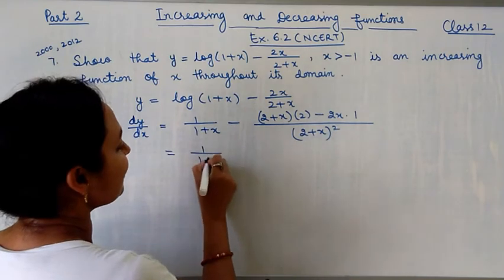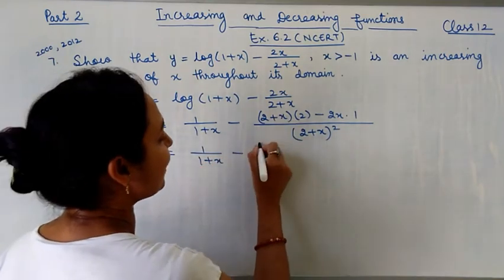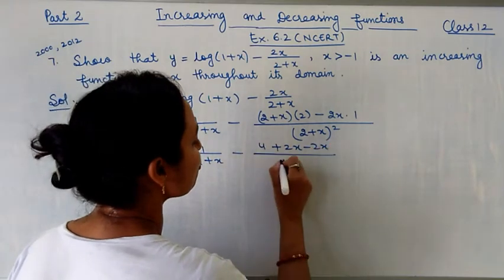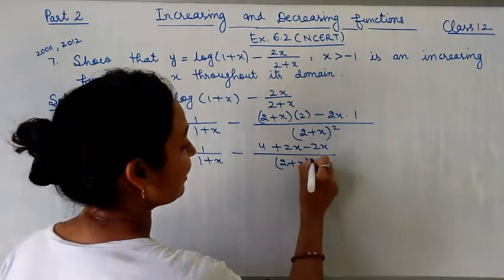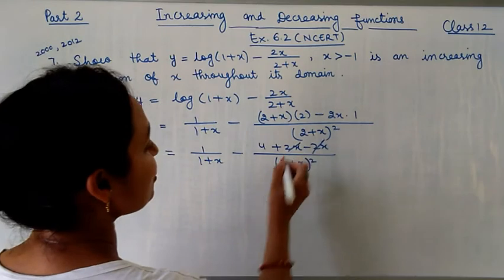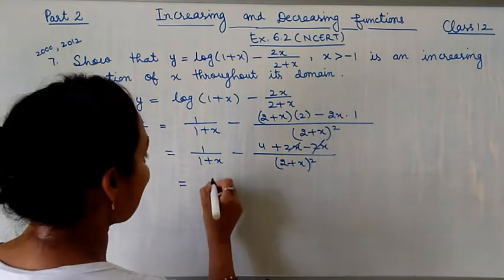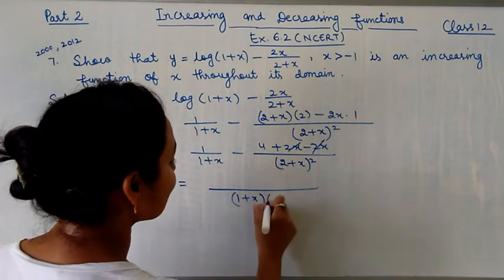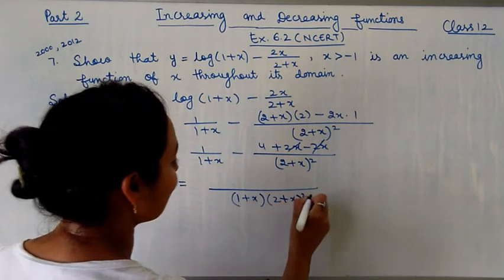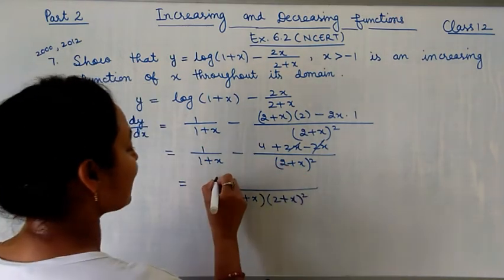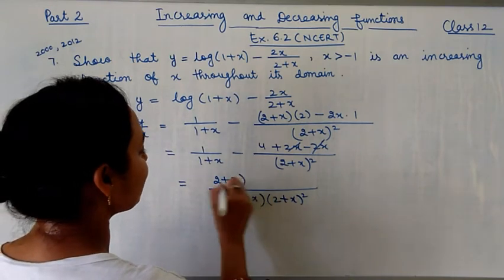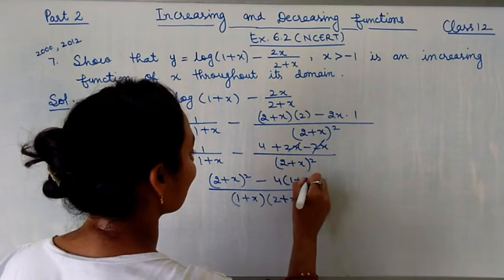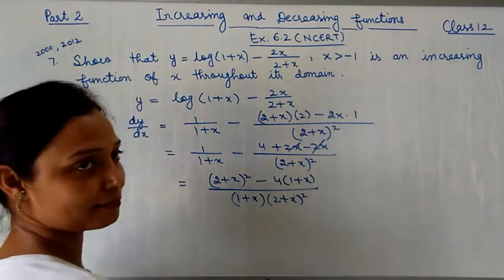By simplification, I will multiply 2 into (2 + x), giving 4 + 2x minus 2x, upon (2 + x) whole square. Right? I will cancel these 2, and the LCM is (1 + x) and (2 + x) whole square. This goes here to make the same denominator, and this goes here to make the same denominator, which is the LCM.